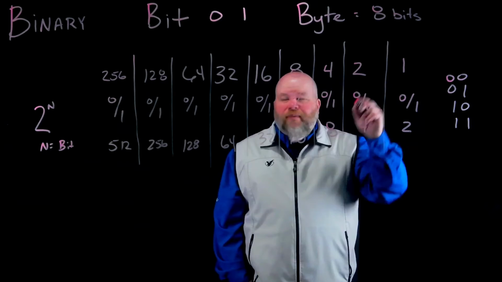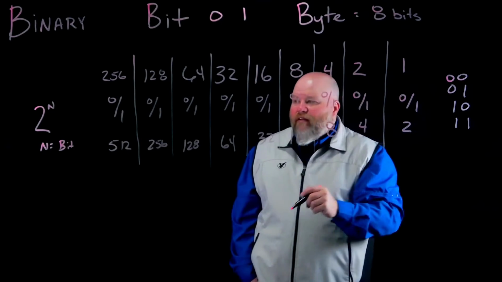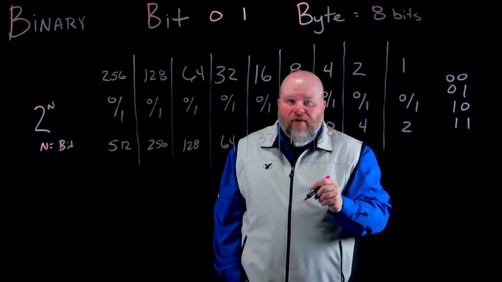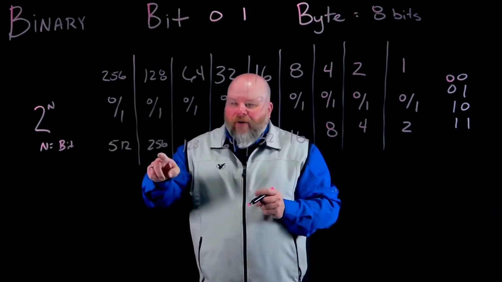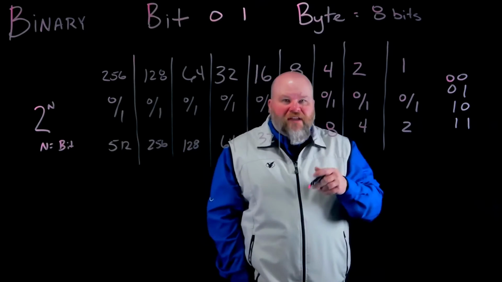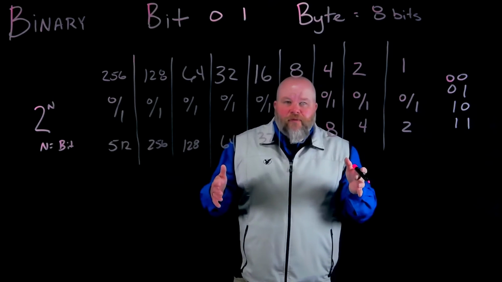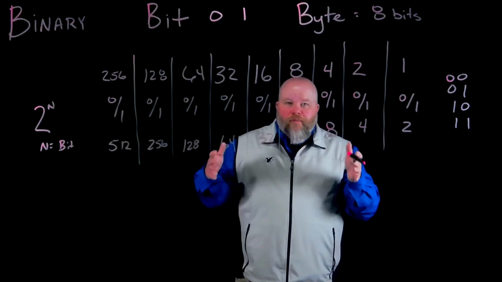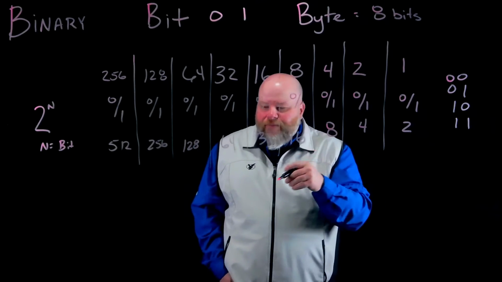So if we're in the first bit, 2 to the first power is 2. If we're in the second bit, 2 to the second power is 4, etc., so on and so forth. When we're in the 8th bit, 2 to the 8th power is 256 total possible values. This makes it really easy that you can look at how many bits you're working with and get the total possible combinations or values in there. Now, how do we use this?